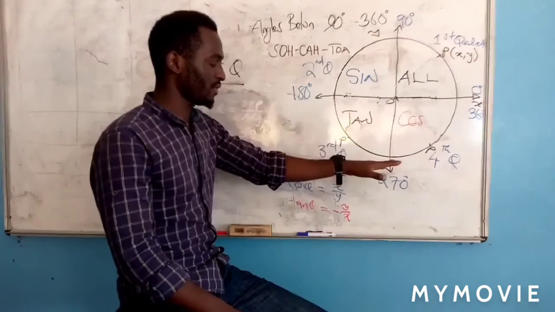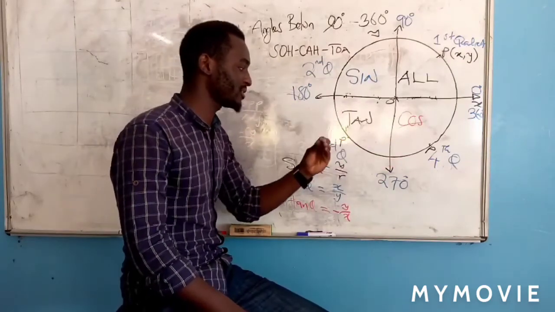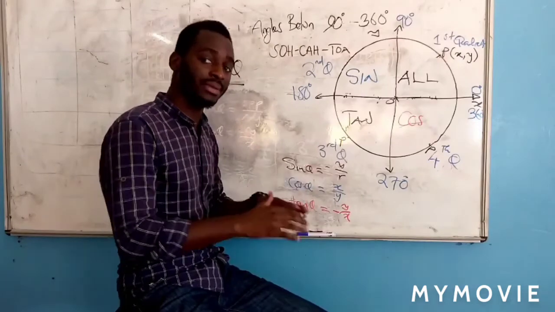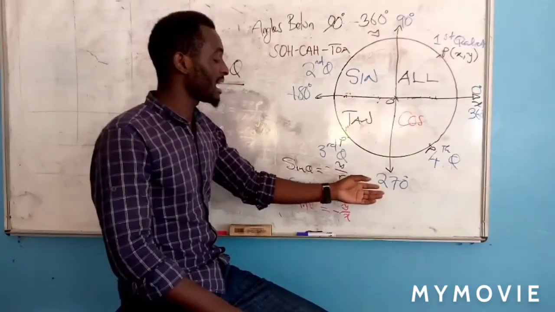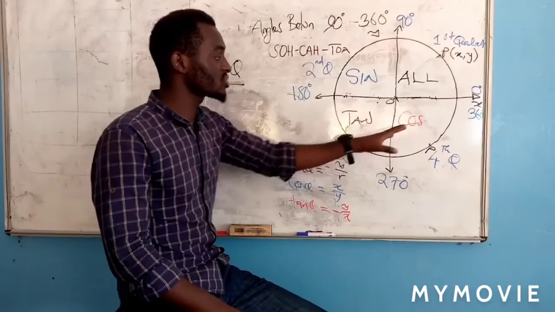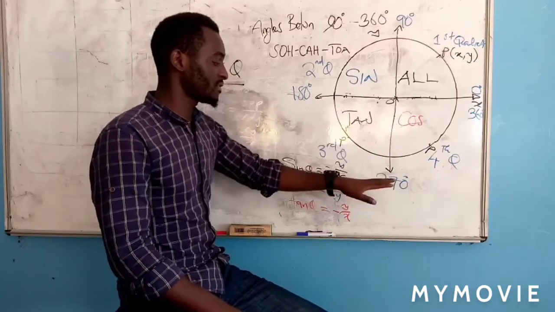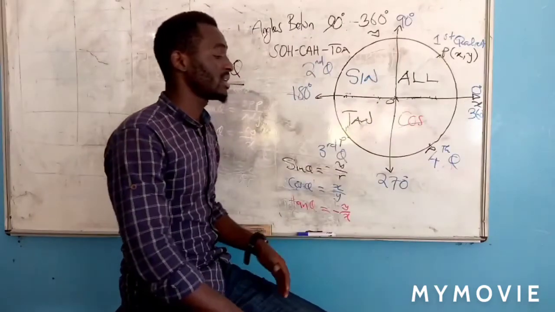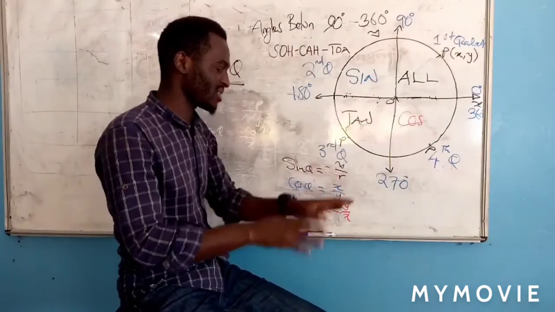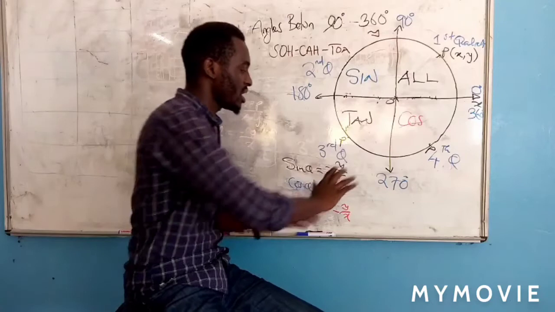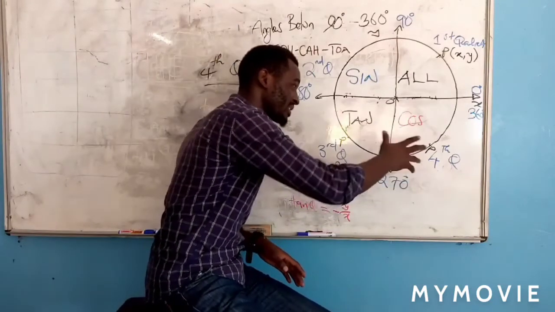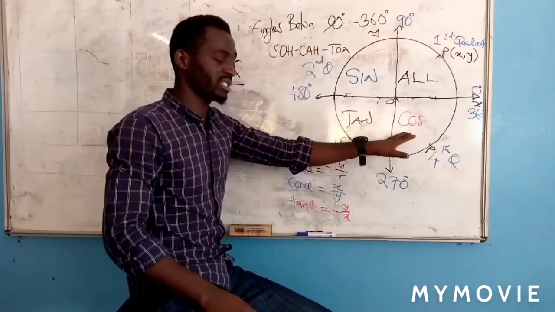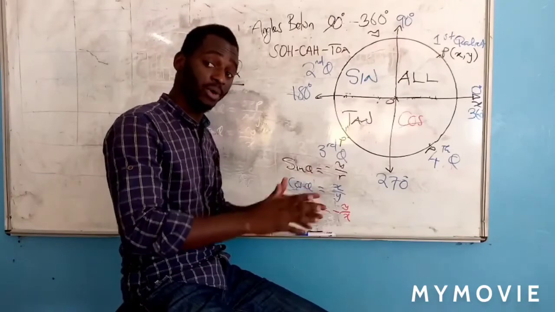Again, in the fourth quadrant, if you punch any angle from 270 degrees to 360 degrees using cos, the answer turns out to be positive.